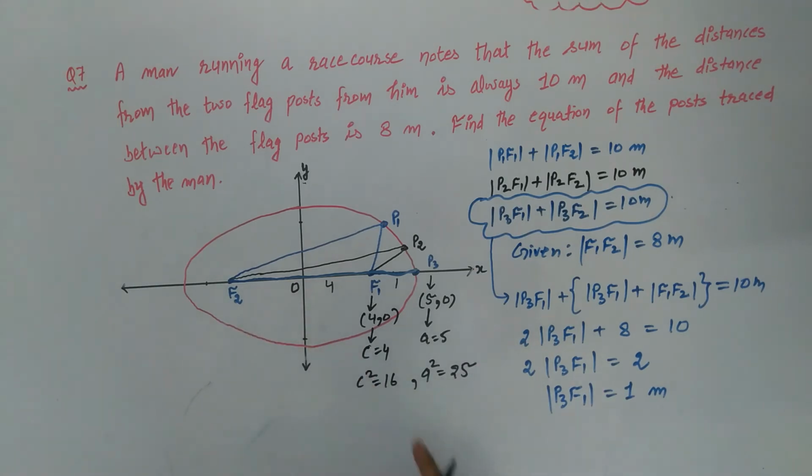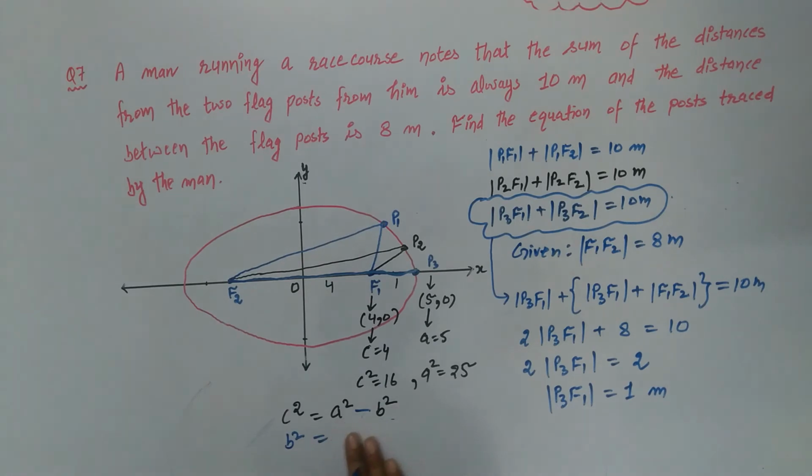What is the relation? In the case of an ellipse, the relation is c square is equal to a square minus b square.